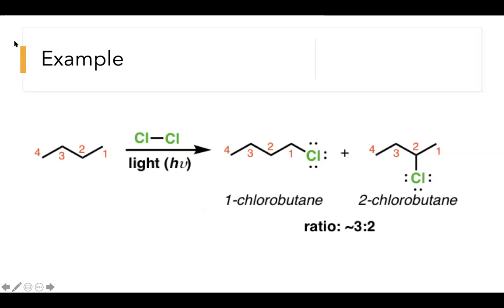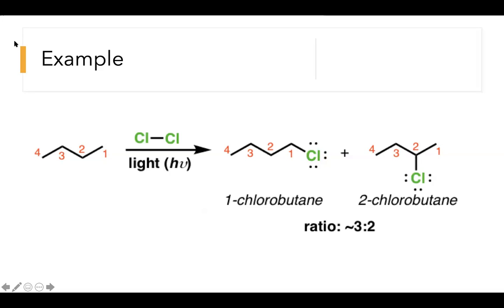So our next example, we're using butane, and in some instances, different products can be formed and we can obtain what are called statistical mixtures. So in butane, there are 6 CH3 hydrogens and there are 4 CH2 hydrogens, which represents our ratio of 3:2.